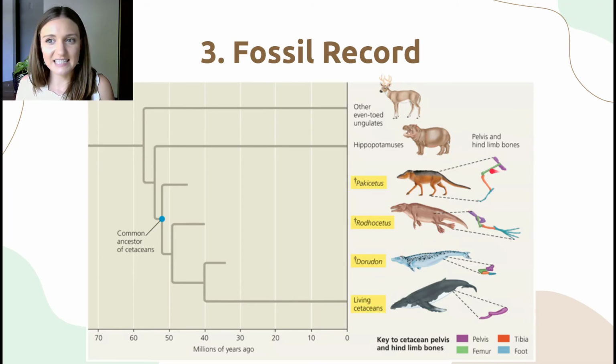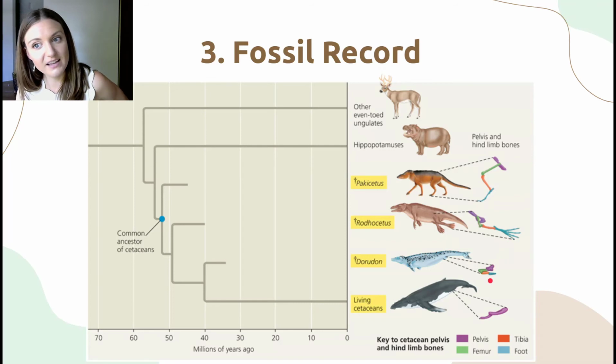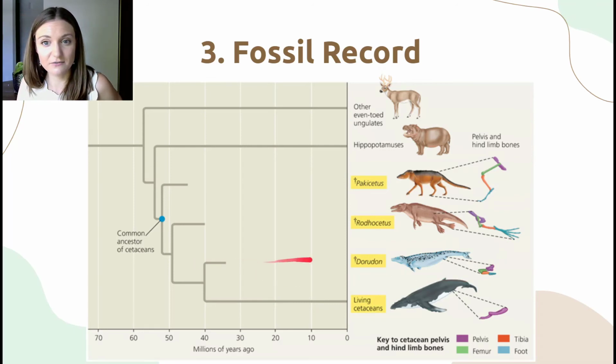So we can kind of see through these fossilized features how the anatomy, the structures of these organisms change throughout time, which can lead us to see, okay, so here we still have a back leg. Now this back leg is a little bit more like a flipper. And by the time we get down here, for this extinct branch, that leg's basically gone.